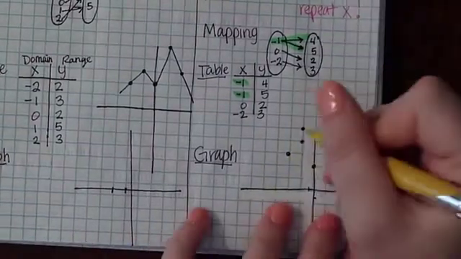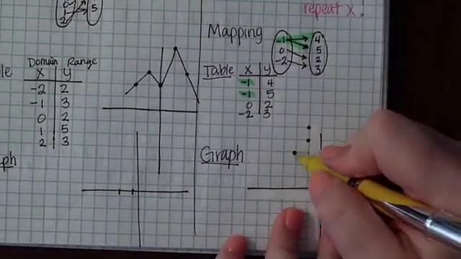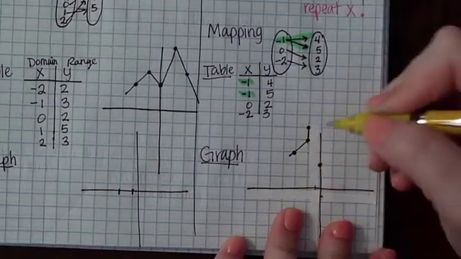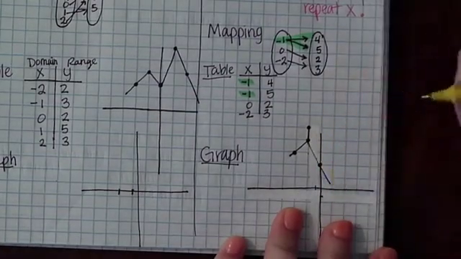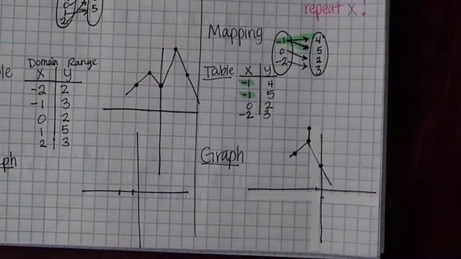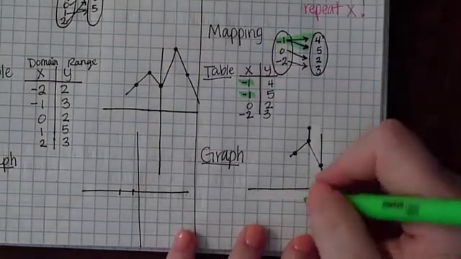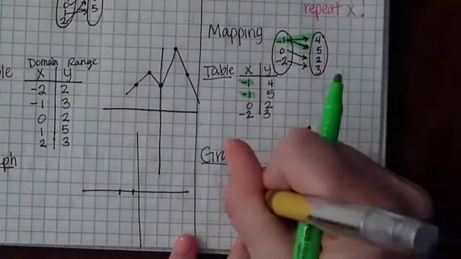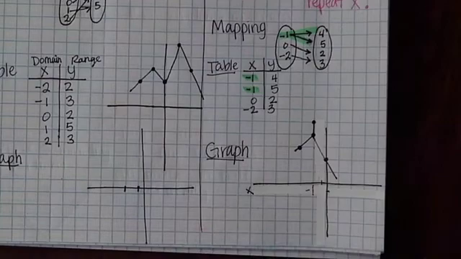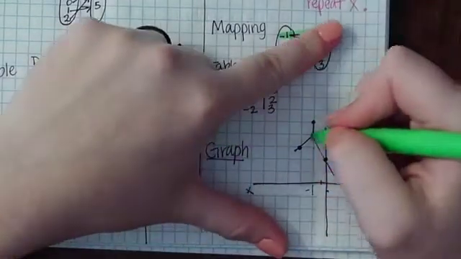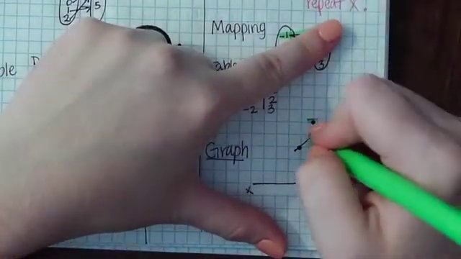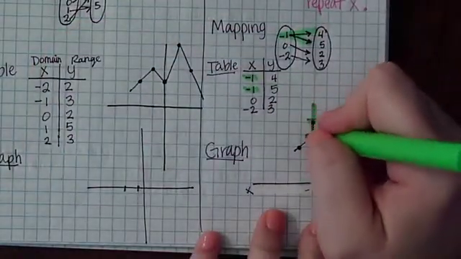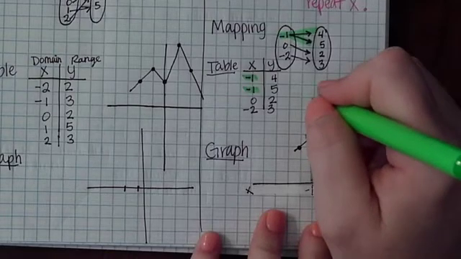Okay, so if I tried to connect those, it would feel weird because I would have to go like this, and then straight up, and then straight back down, and then over. So the repeated x value, so notice this -1 right here is on the x-axis, so you cannot have a repeated x value there.